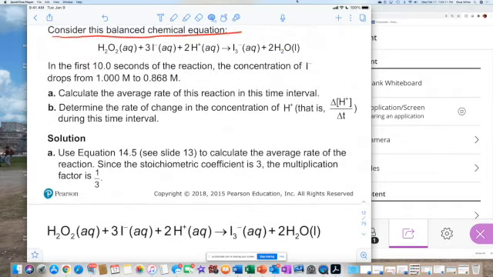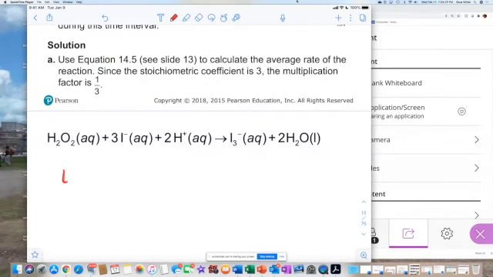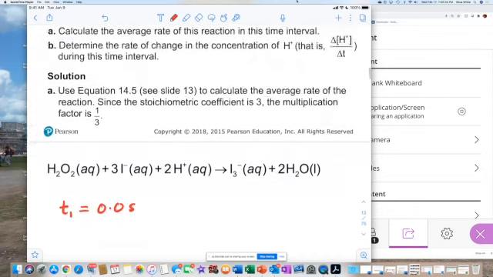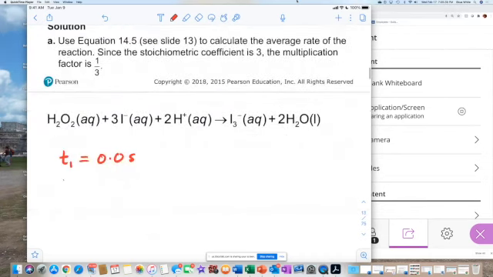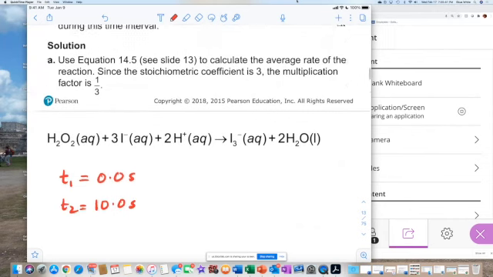Okay, here's my balanced equation. What are they saying? In the first 10 seconds of the reaction, the concentration of I minus drops from 1.000 molar to 0.868 molar. Okay, that means if it's the first 10 seconds, the initial time was 0.0 seconds, okay? And then the final time is 10.0 seconds, right?